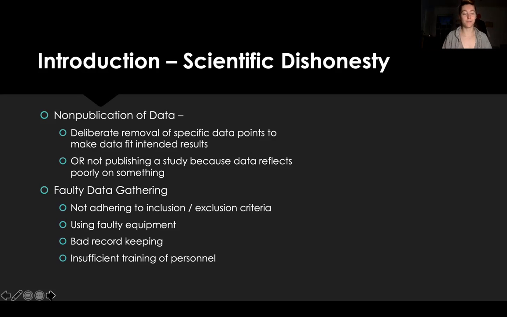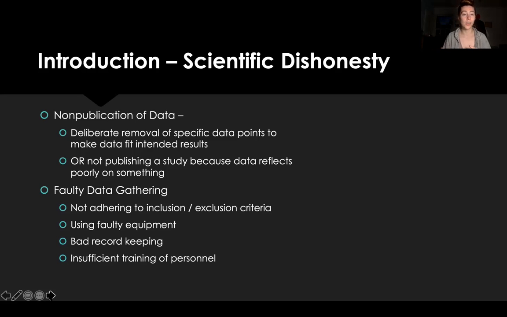Just because they find something that isn't supporting that industry doesn't mean they shouldn't publish it. That's something that really should be out in the world. It could also be removing specific data points to make the data fit a certain result that they want. Faulty data gathering.